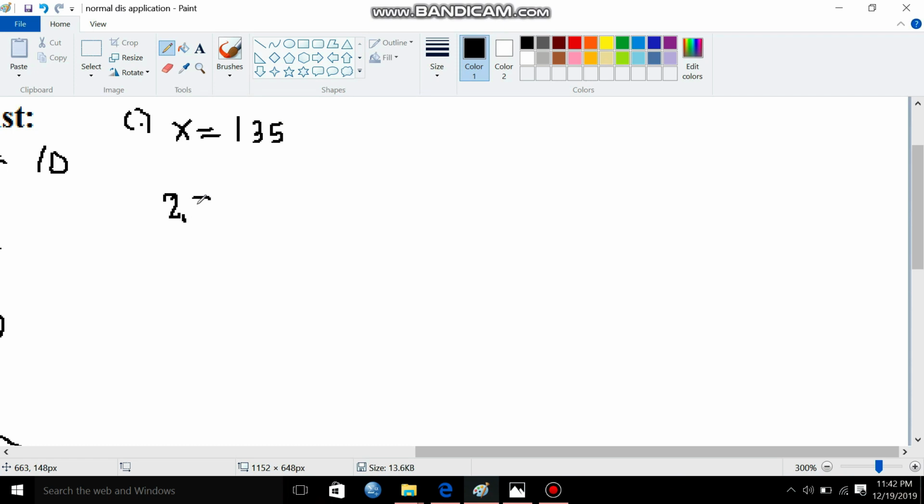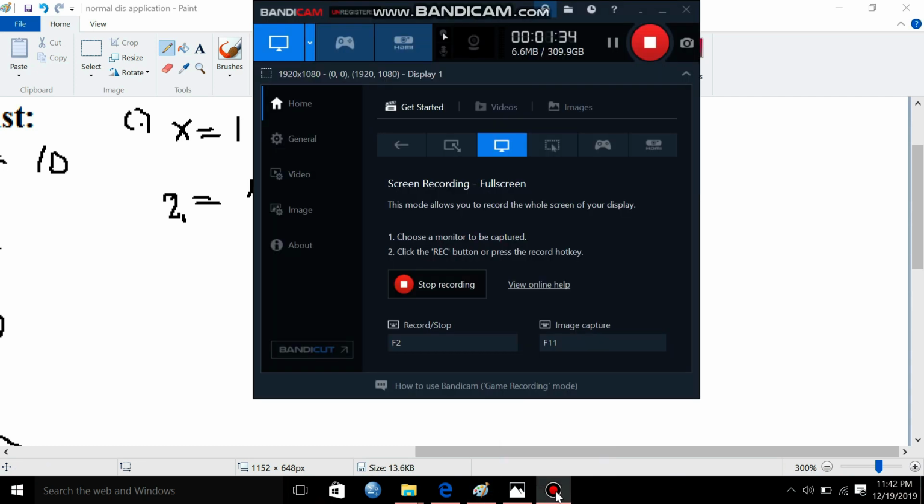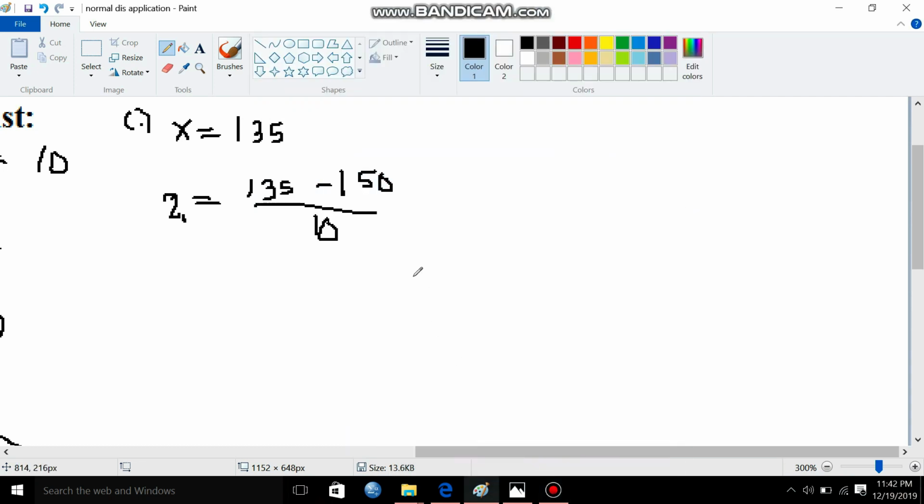z sub 1 equals 135 minus 150, all over 10. 150 is the mean, this is the standard deviation, this is our x. Next is to subtract these two numbers.